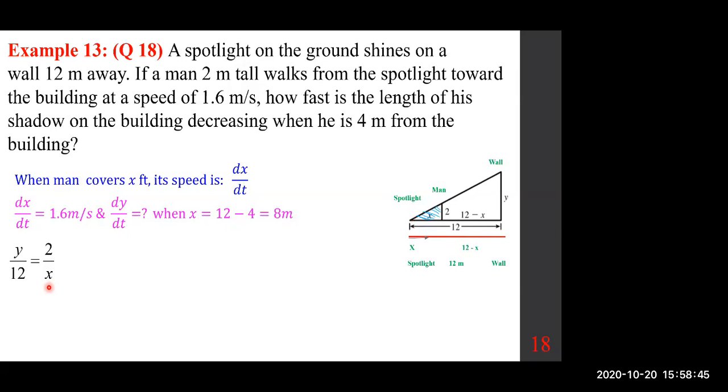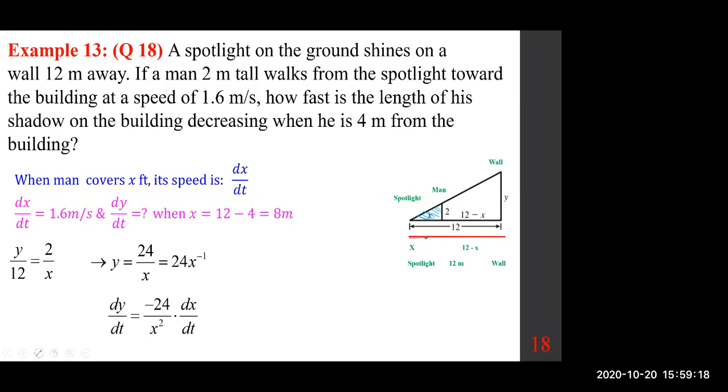We can solve for y because we are interested in dy/dt. So when we solve for y, we get 24 over x, or 24x to the power of -1. Okay, this is a very simple differentiation. Now dy/dt is 24 times -1, x to the power of -2, times dx/dt.